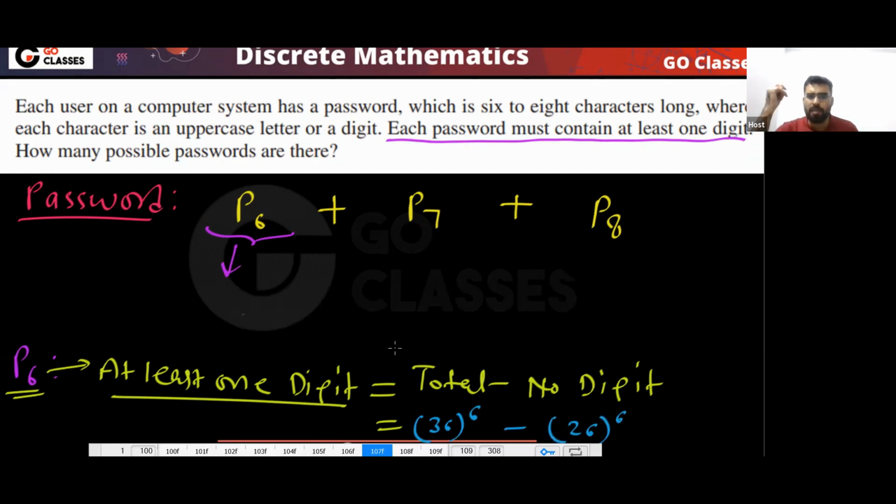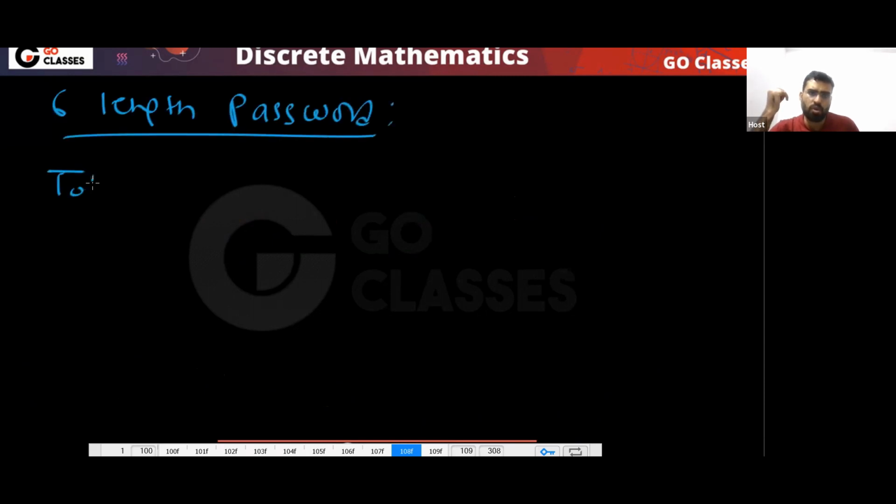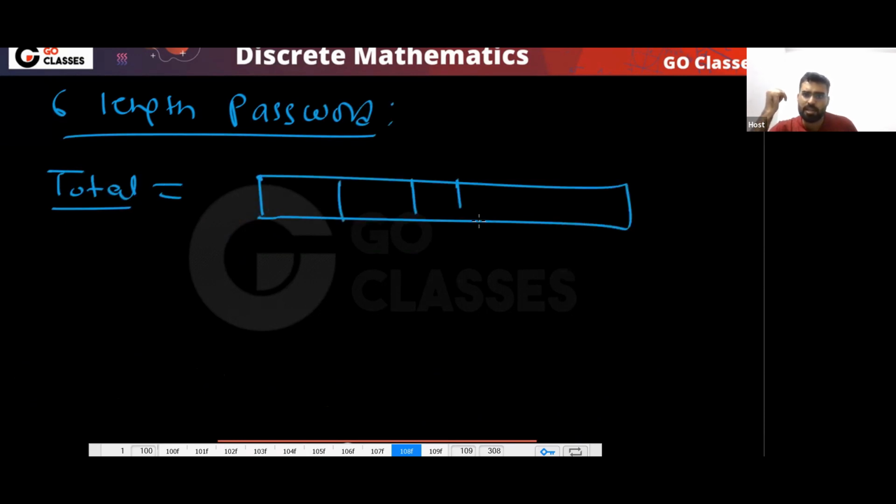So for total, you want a 6 length password. How many passwords can you create? Because you are creating a 6 length password, every character has 36 choices.